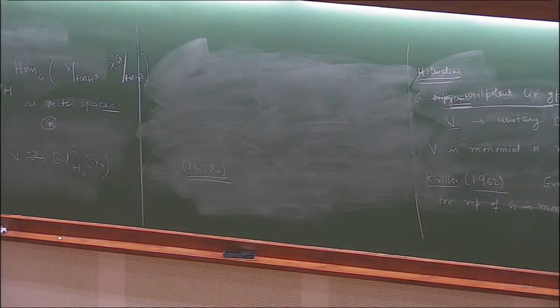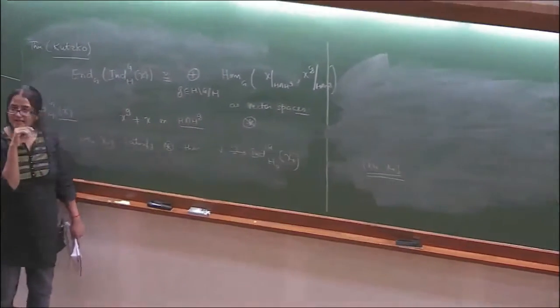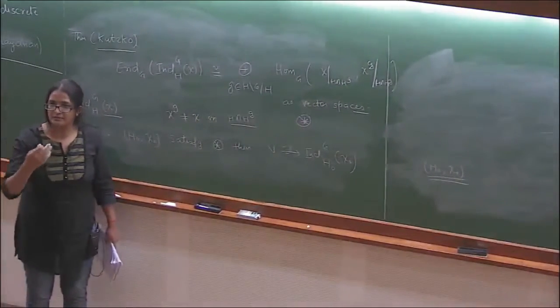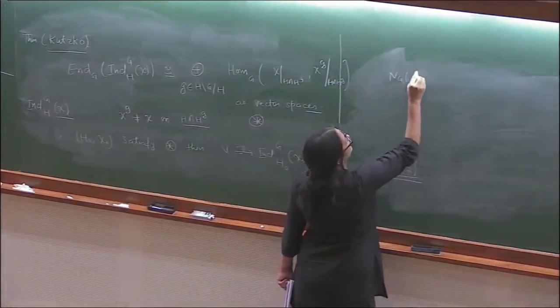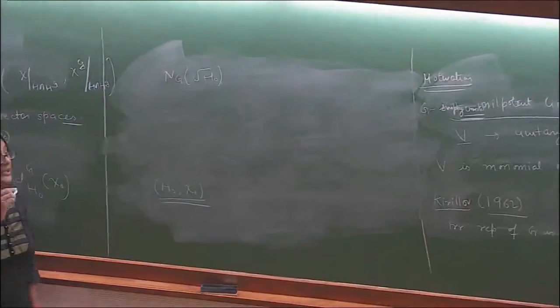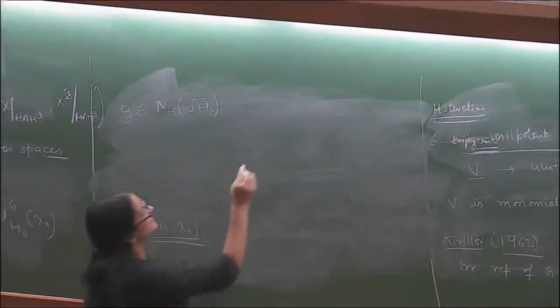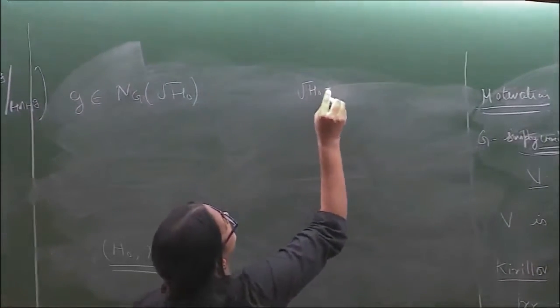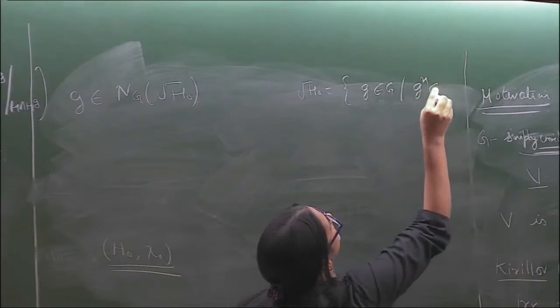What can I say about such a g? So suppose H naught, chi naught does not satisfy this condition, then what is this g? We actually prove that such g should belong to the normalizer of the radical of H naught. So here, the radical of H naught is nothing but g in G such that g to some power.